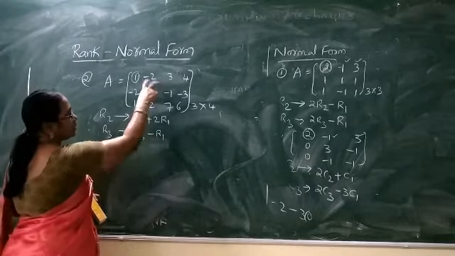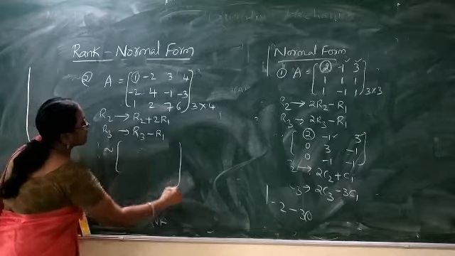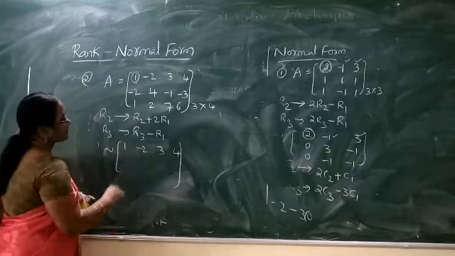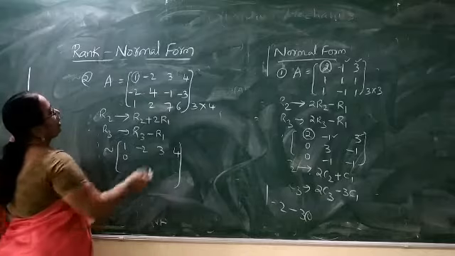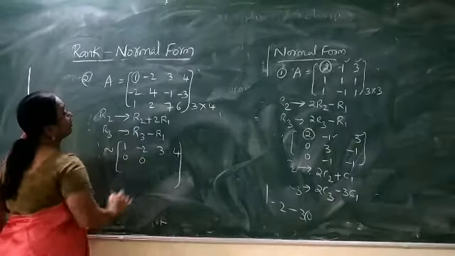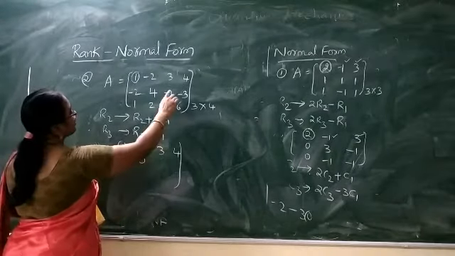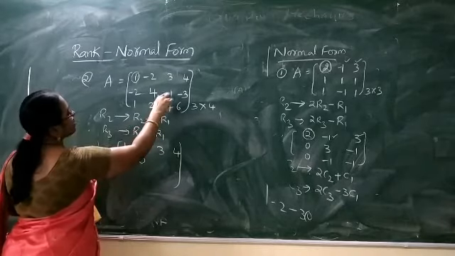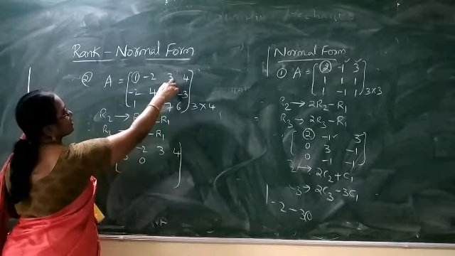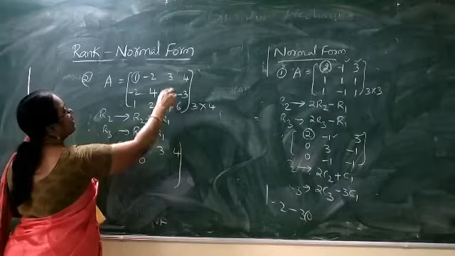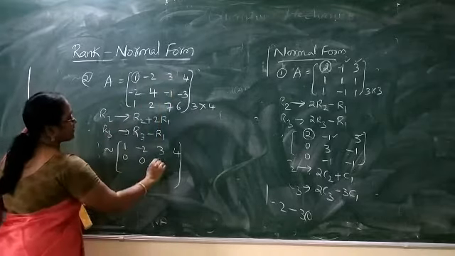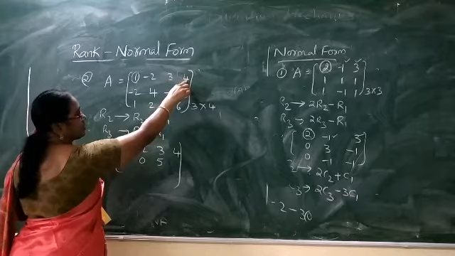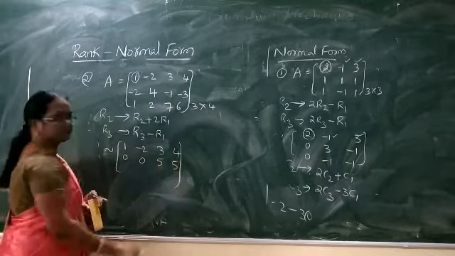Using these two operations, the matrix is equivalent to first row 1, minus 2, 3, 4. Second row 0, 4 minus 4 is 0, then minus 1 plus 2 into 3, so minus 1 plus 6 gives 5, and minus 3 plus 8 again 5.